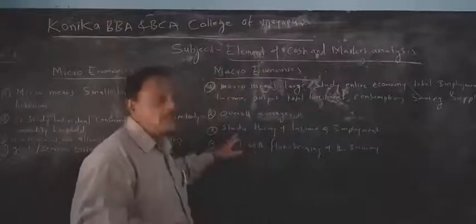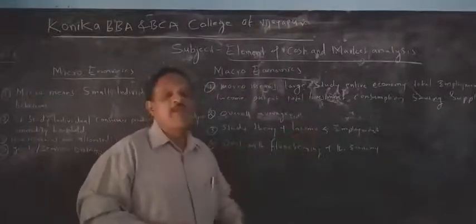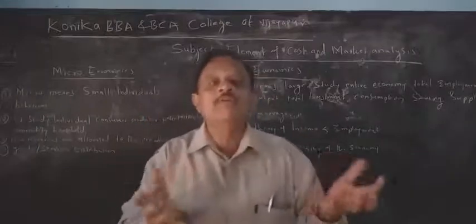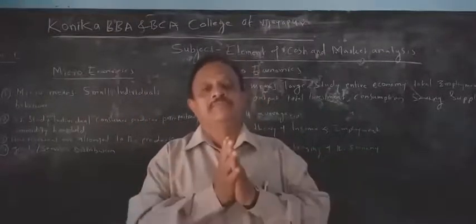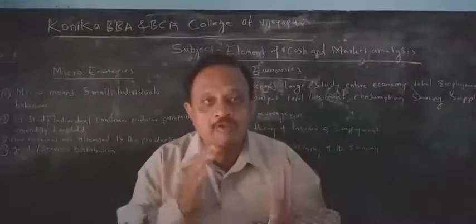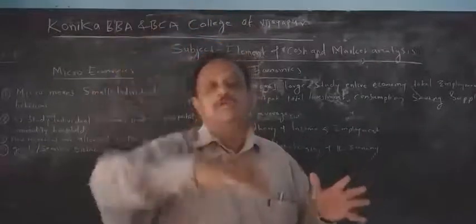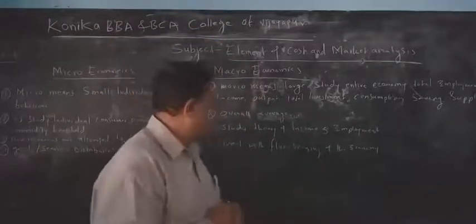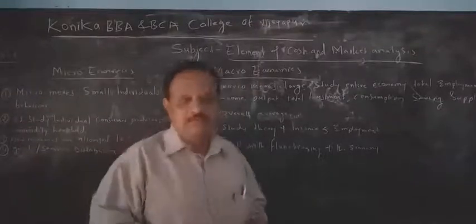So macroeconomics studies income and employment: how much income will be generated in our country, how many employees we need or are already working. Everything on the large scale and in total we have to study. That is macro. And then it deals with the fluctuation of the economy.